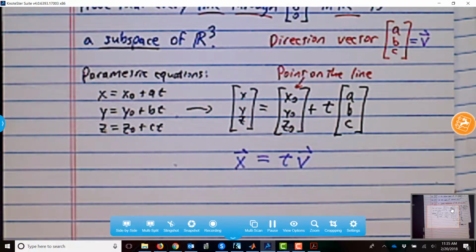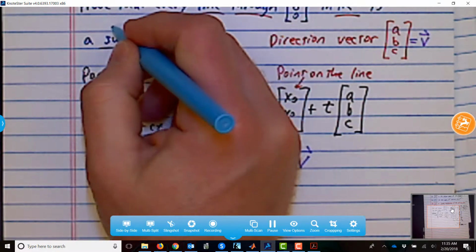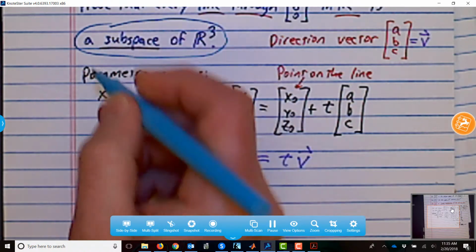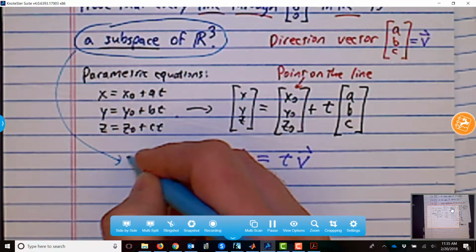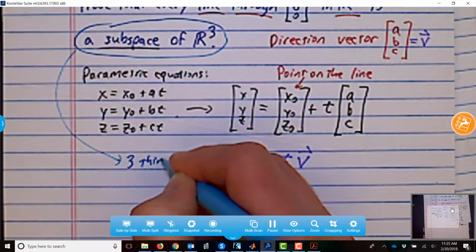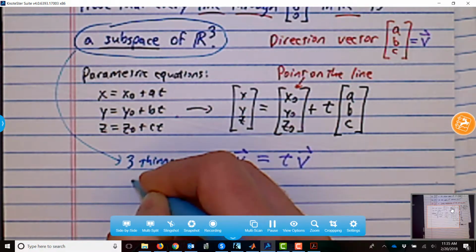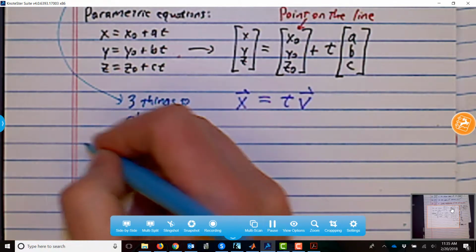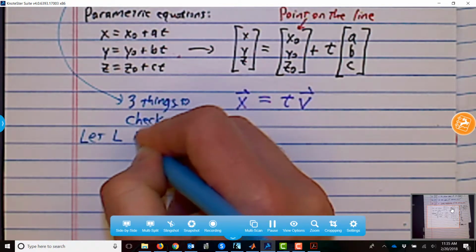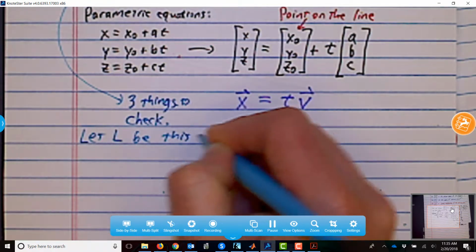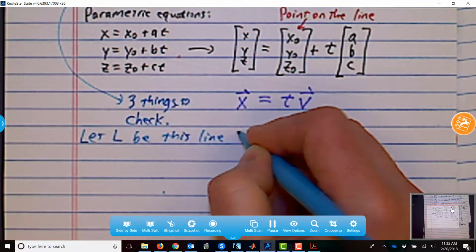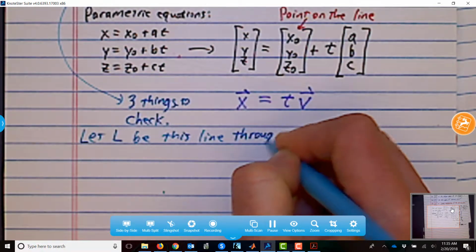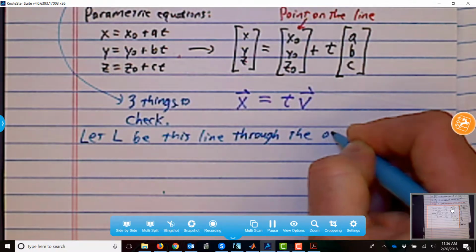As a matter of fact, if you think about how you prove it's a subspace, we need to check three things, right? So first of all, let me go ahead and work it out. Let L be this line through the origin. Which one?